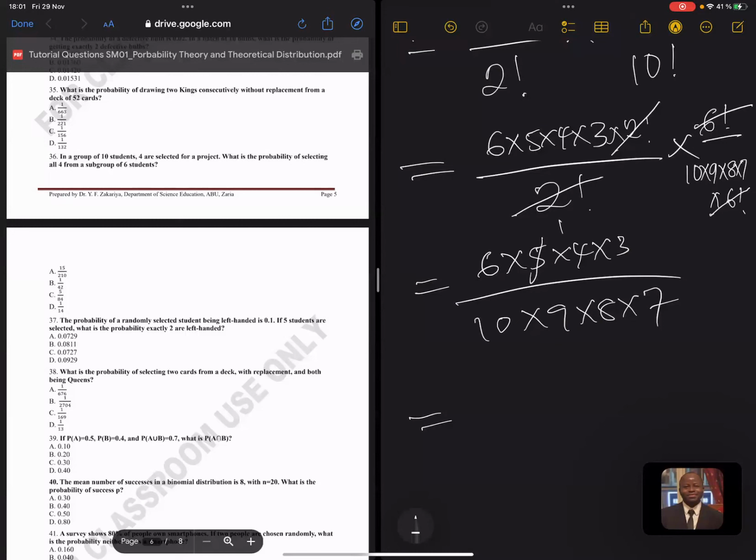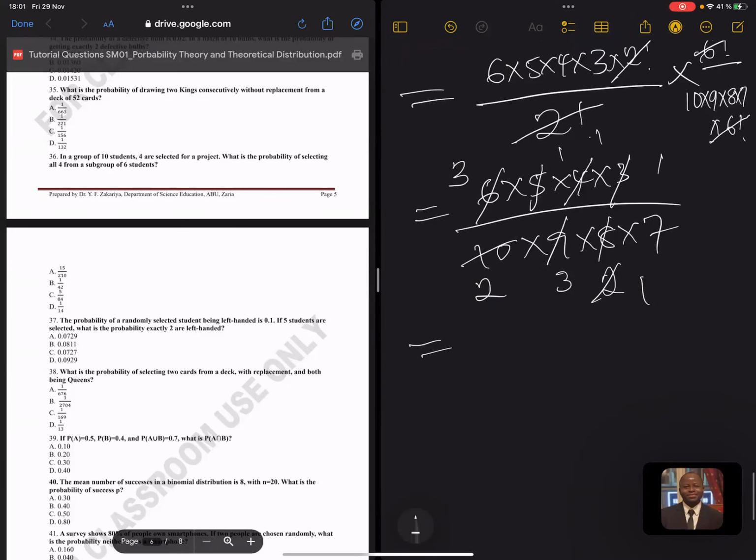5 in 5, 1. 5 in 10, 2. 3 in 3, 1. 3 in 9, 3. 4 in 4, 1. 4 in 8, that is what? 2. 2 in 2, 1. 2 in 6, that is 3.